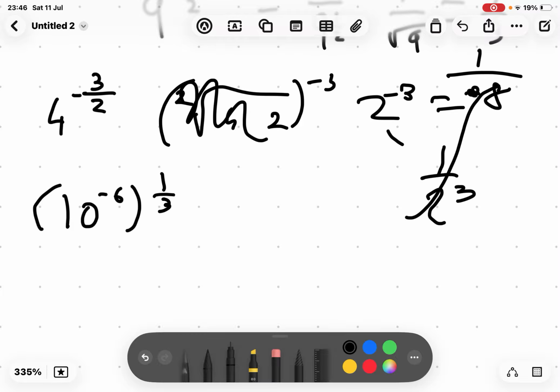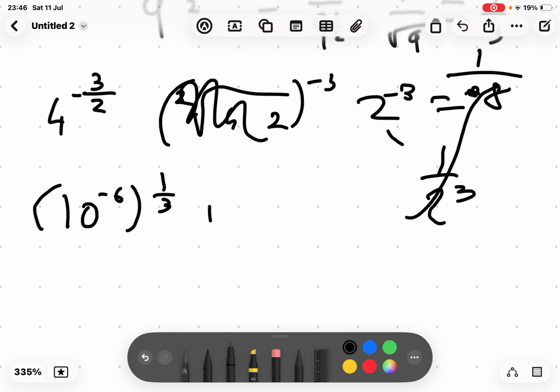Okay, this one seems hard, but it's not. Basically, what you do is just you times these two, like in a calculator, or if you don't have one, what you can do is you divide this number by this number, and then whatever result you get, you divide it by this. Okay, solve it.